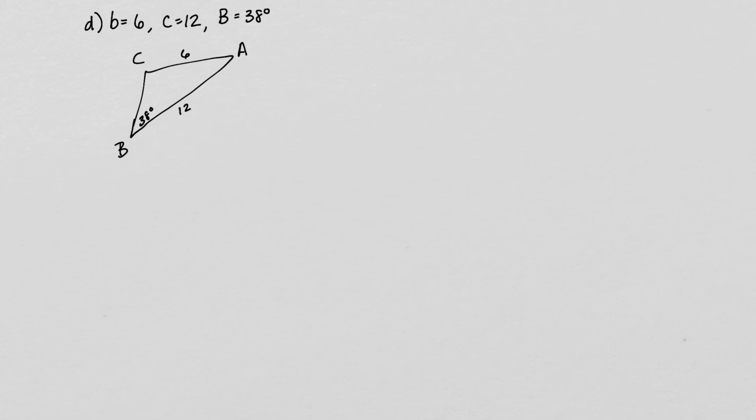So D: little b equals 6, little c equals 12, capital B equals 38 degrees. So again, if I draw my generic triangle, A, B, C, 38 degrees for capital B, little b is 6, little c is 12, we need little a.